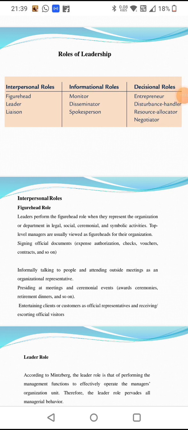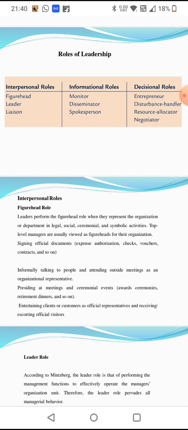That is one of the topmost levels of leadership in the organization, right? Next being the leader role. According to Mintzberg, the leader performs the role which helps to handle the functions of the management, and also helps to effectively operate the managers in the organization as a unit.